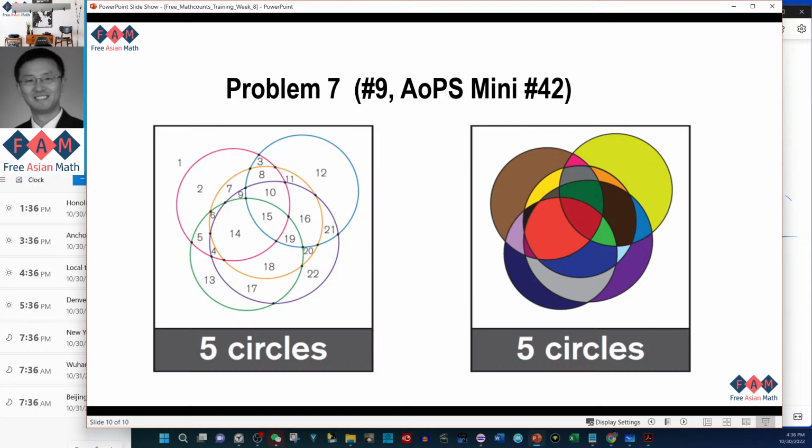That way, it cannot cut into region number 12. This green circle, however, can intersect with all the 4 existing circles. There's no guarantee that each circle can cut every existing subregion. That's the essence of this problem.